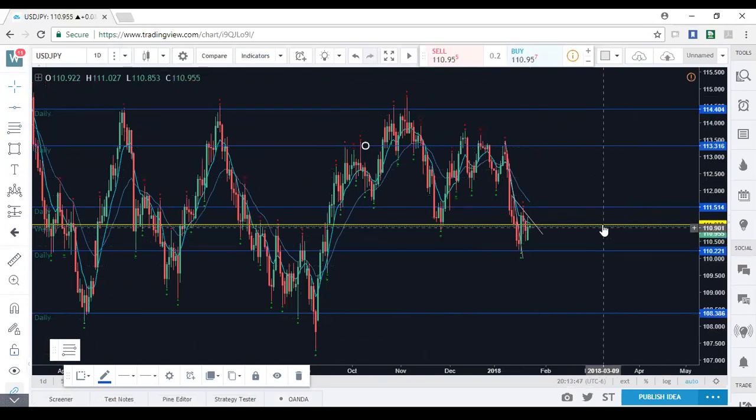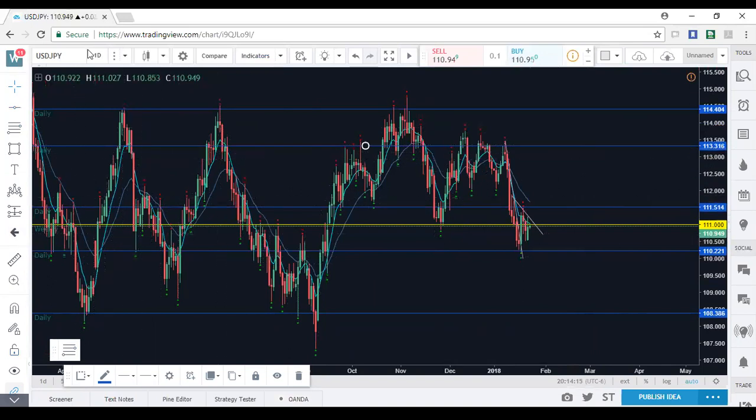Now, whenever you see a weekly and a monthly met with a daily, remember, the higher the time frame, the stronger that level is. So this weekly level is way stronger than this daily level. All right? So just keep that in mind. The higher the time frame, the stronger the setup. It's going to override anything that's below it, basically.